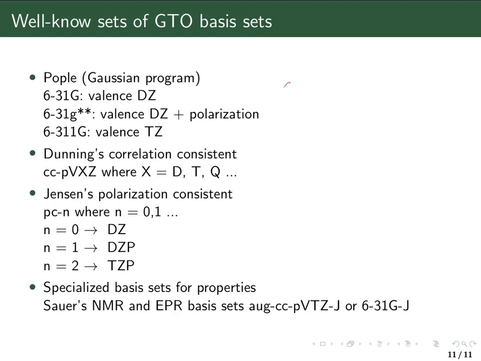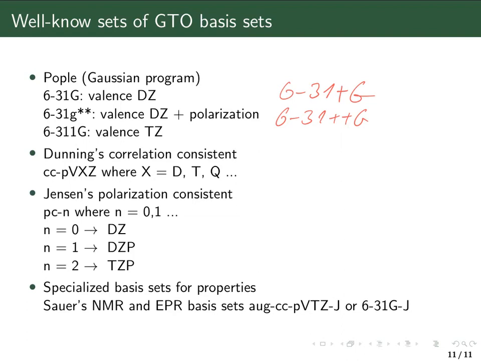If you want to have diffuse functions, then a diffuse function would be denoted with a plus. So this would be a valence double zeta with a set of diffuse s and p functions. So one s and one set of p functions with rather small exponent for the non-hydrogen atoms, and again with double plus it would be also for the hydrogen atoms.